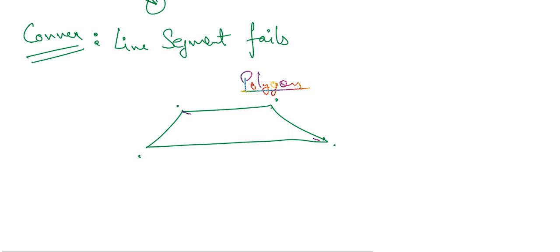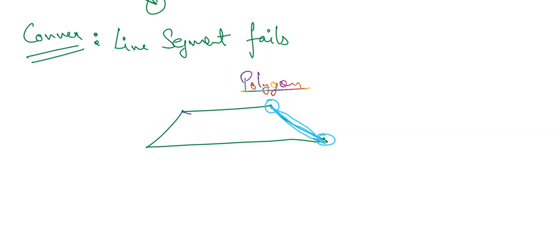So now let us consider adjacent ones, like this and this. If I join this and this, it is the same side only. It would lie on the boundary of my polygon. It won't be lying outside of my polygon. Seems clear?